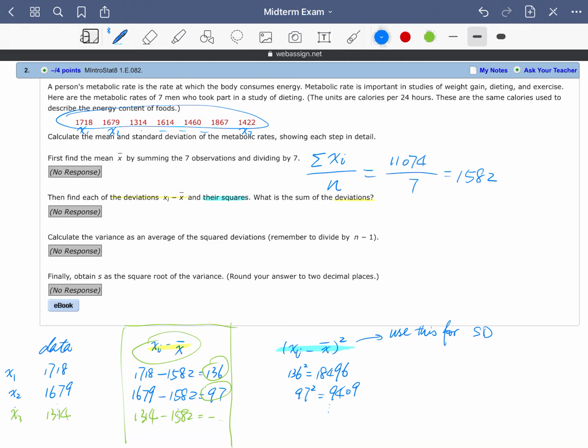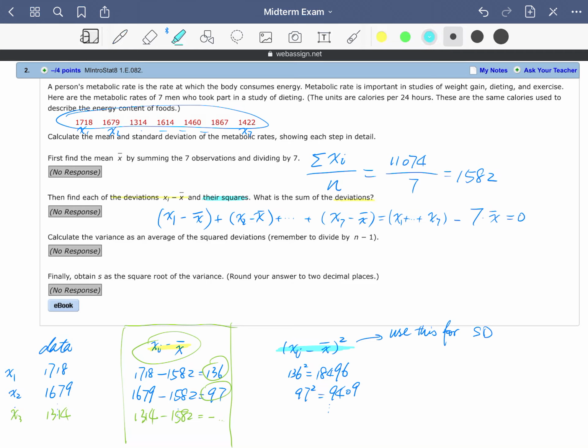If you look at the formula, you are asked to find x1 subtract the mean, plus x2 subtract the mean, all the way to x7 subtract the mean. If you rearrange it, you will find it is just x1 plus all the way to x7, subtract 7 times the mean, which is actually 0. So the sum of the deviations is always 0.